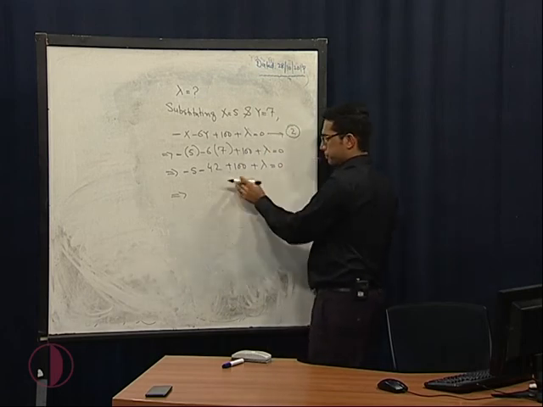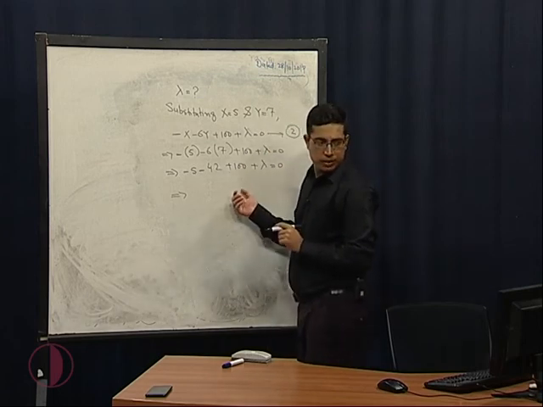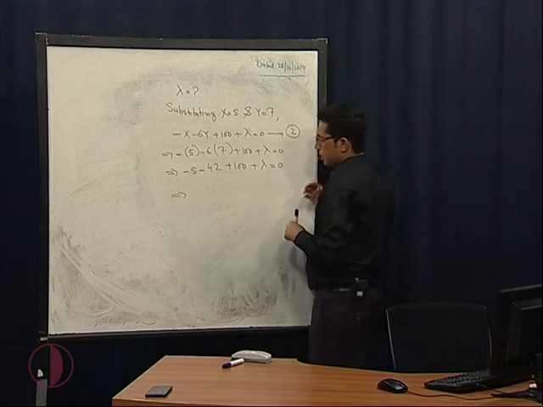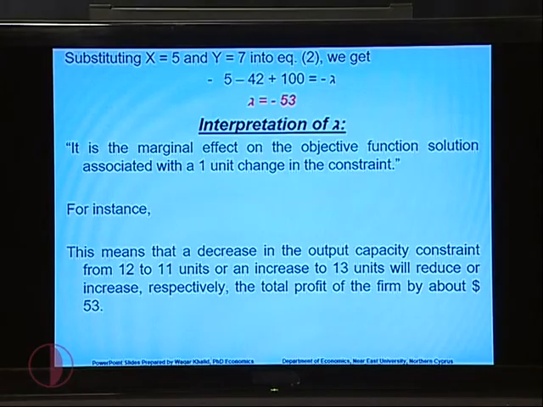After solving this equation, we can write minus 5 minus 42 minus 100 is equal to minus lambda. When we solve this expression, we can write the value of lambda is minus 53.